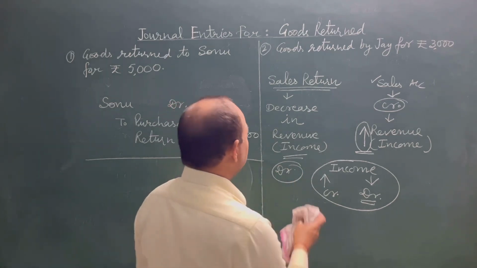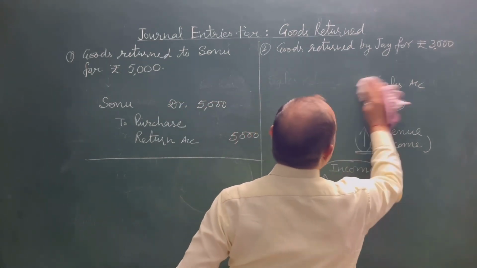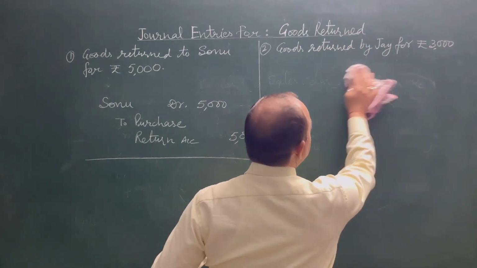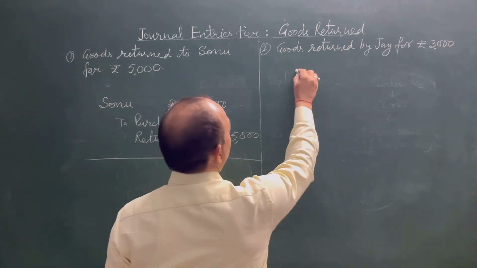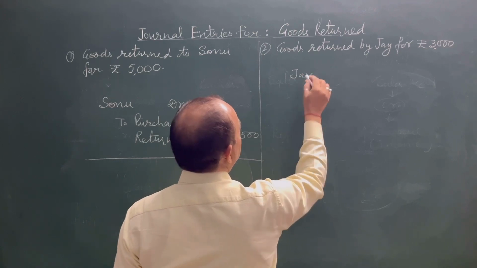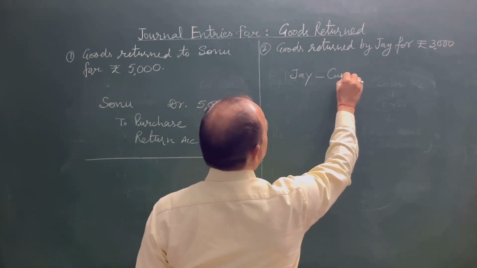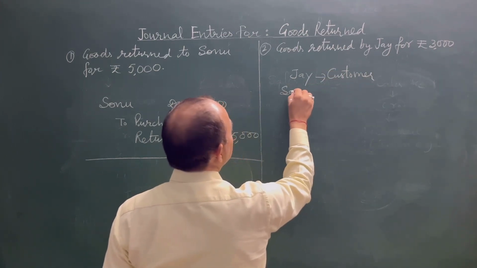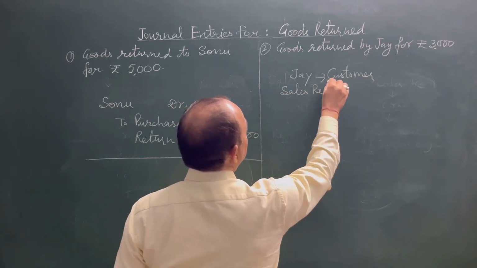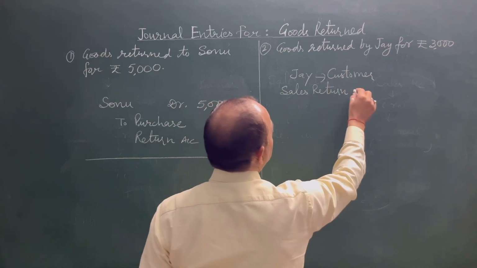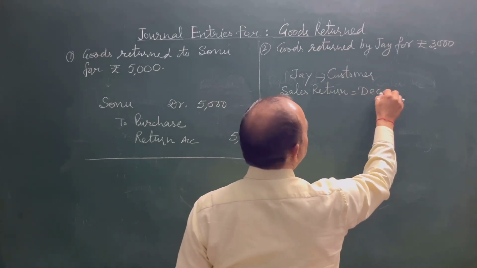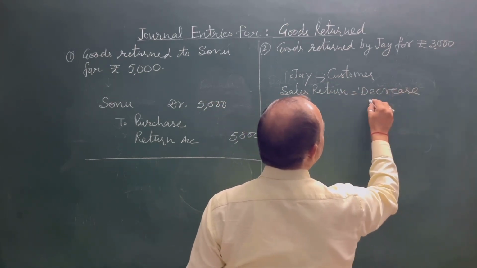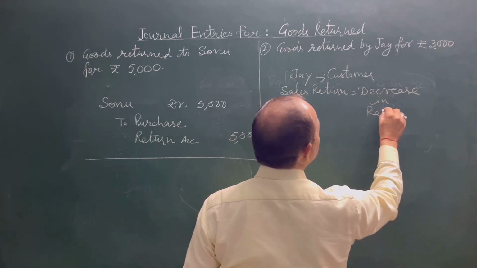Now what will be the journal entry? Let's see the journal entry. There are two accounts. One is J. J is our customer. And the second account is sales return. Sales return is a decrease in income, a decrease in revenue of the business.